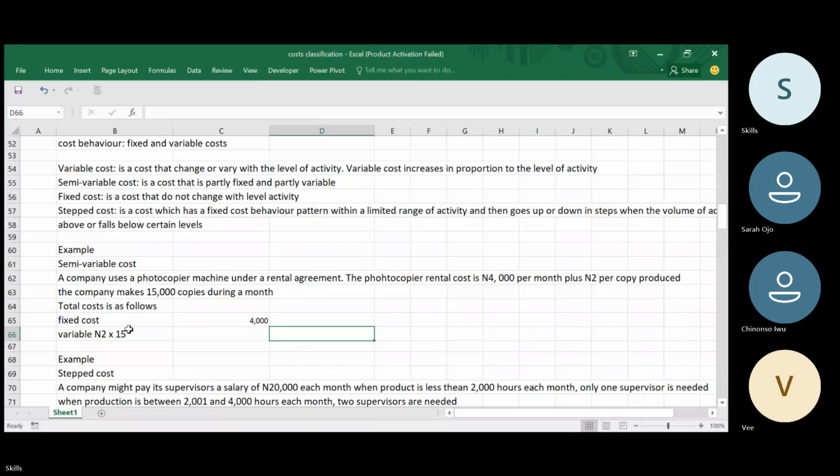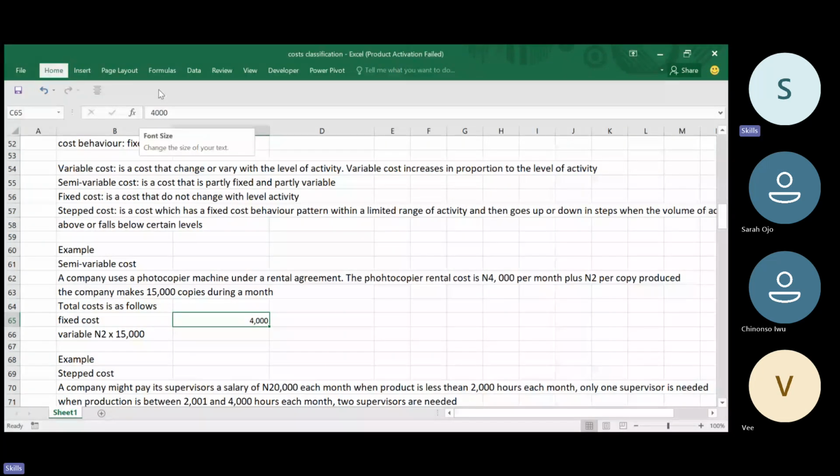So now 2 times 15,000. Someone should help us do the arithmetic, please.